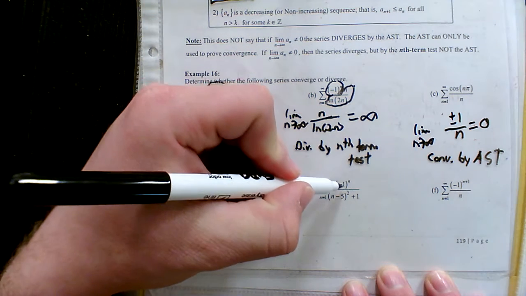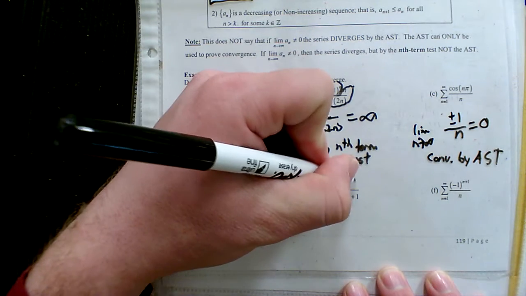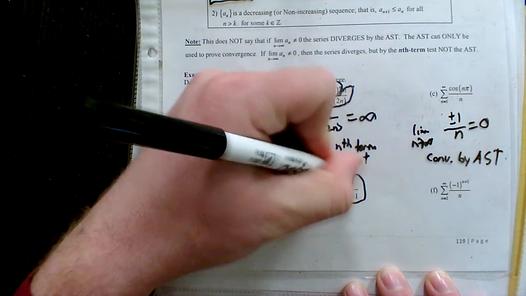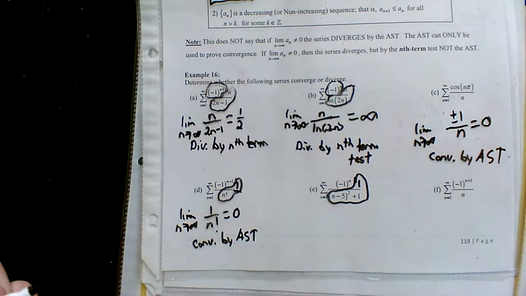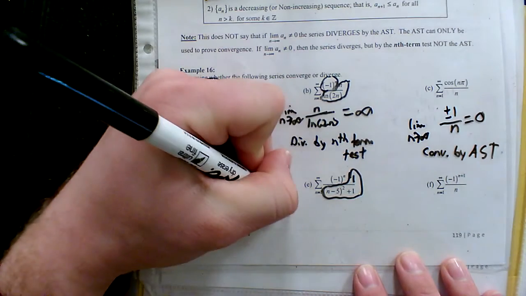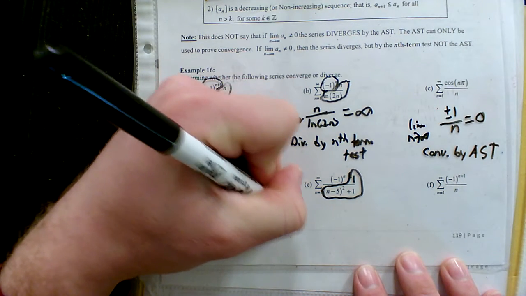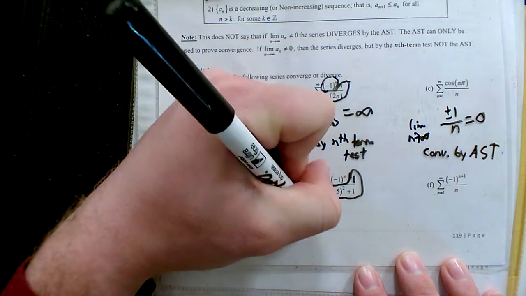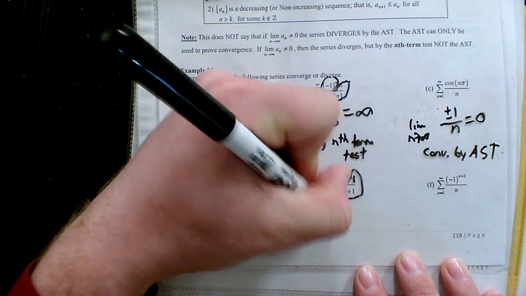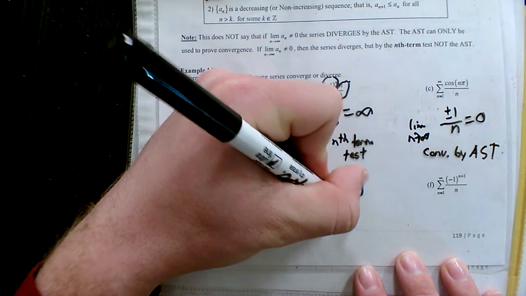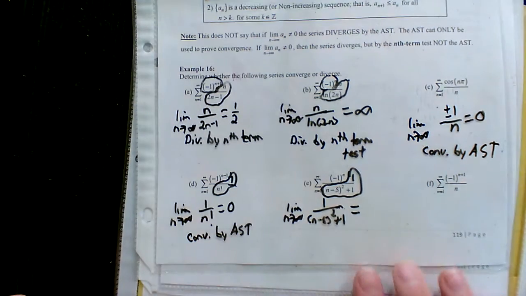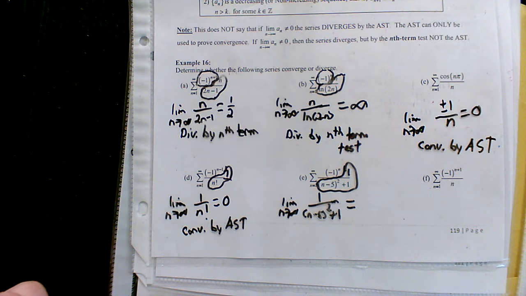So once again, we have that alternator on top. So we're separating it out. Well, we would just have a 1 left on top. Limit. Is the bottom getting bigger?